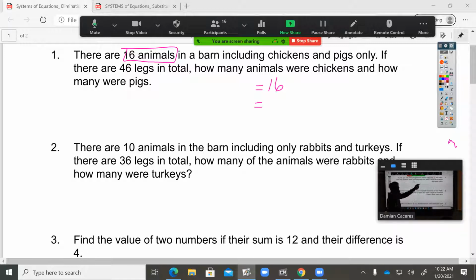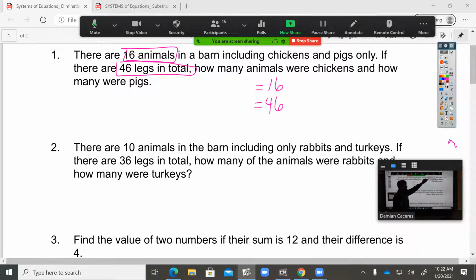Now, before I fill in the information on that equation, let's put the other total. The other total I see is 46 legs. So the other equation is going to be equal to 46. Now, each total represents a different thing, so make sure you put the information in the right equation.